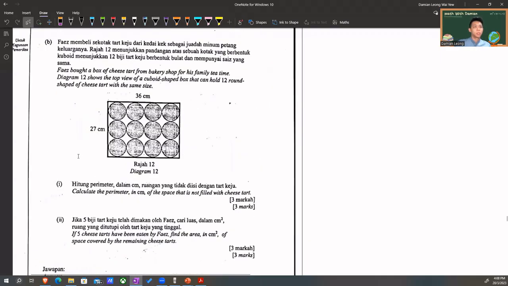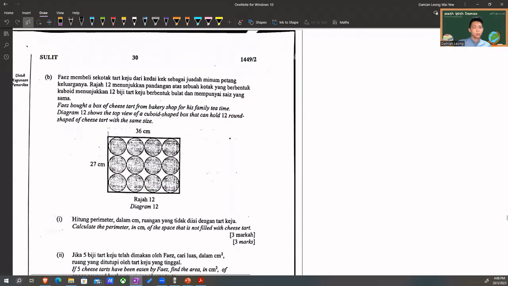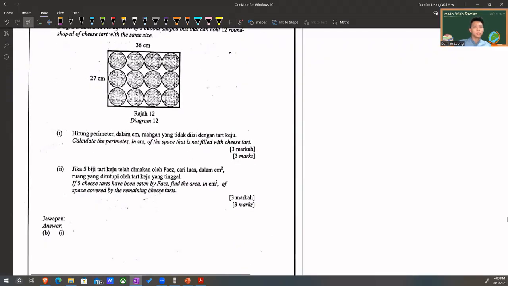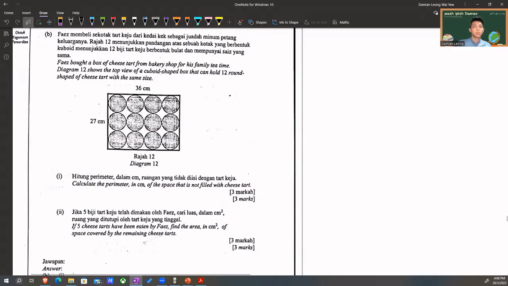Then part B. This one, I have a box of cheese tarts. It's the length of the cuboid here. Perimeter of the space not filled with cheese tart means the perimeter. Okay, perimeter of space not filled with cheese tart.